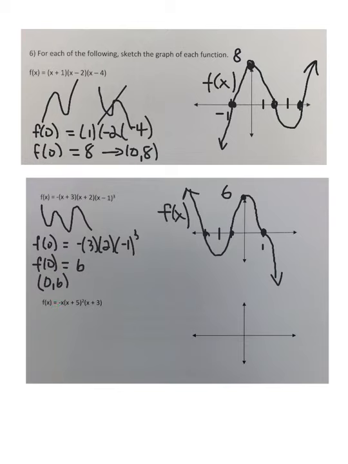Okay, so 4th degree with a negative leading coefficient would look something like that. It's got to open down. Okay, all right, so let's look at our zeros. Well, we have x equals 0, x equals negative 5, but with a squared, we'll deal with that, and x equals negative 3. So let's plot those.